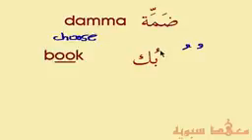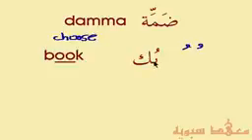Notice when I say dhamma, it's very important. Some people don't say it with a dad, they say it with a dal. Maybe non-Arabs will find this hard to pronounce, but inshallah as you progress in your Arabic studies, and when you actually learn the rules of pronunciation, you will improve on that, inshallah.